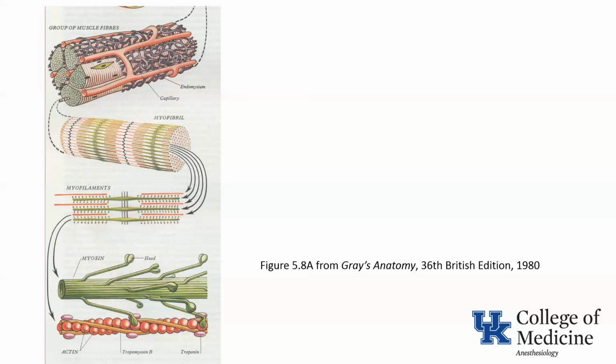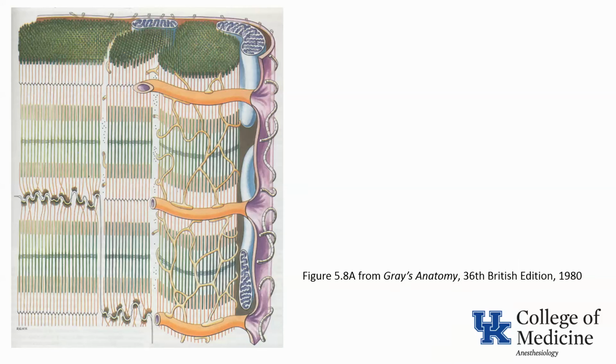This diagram from Gray's Anatomy shows the breakdown of the structure of muscle fibers, which would be similar to what is true in the myocardium. This shows the tubular system.